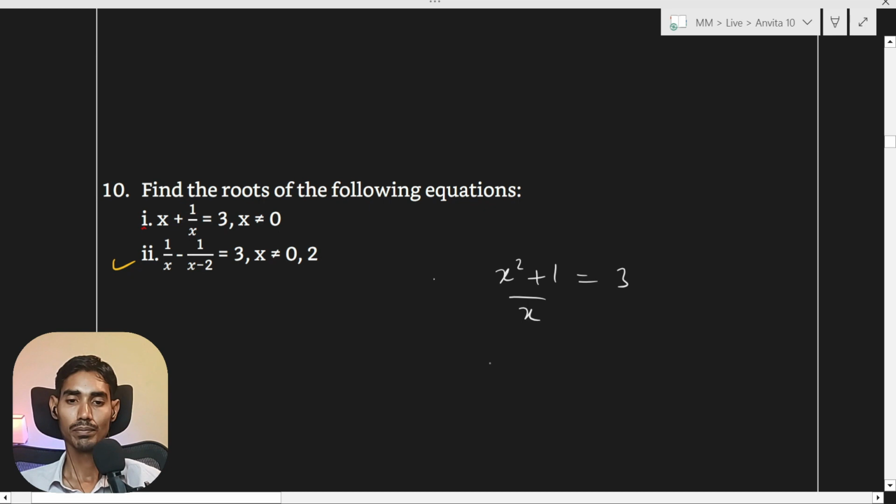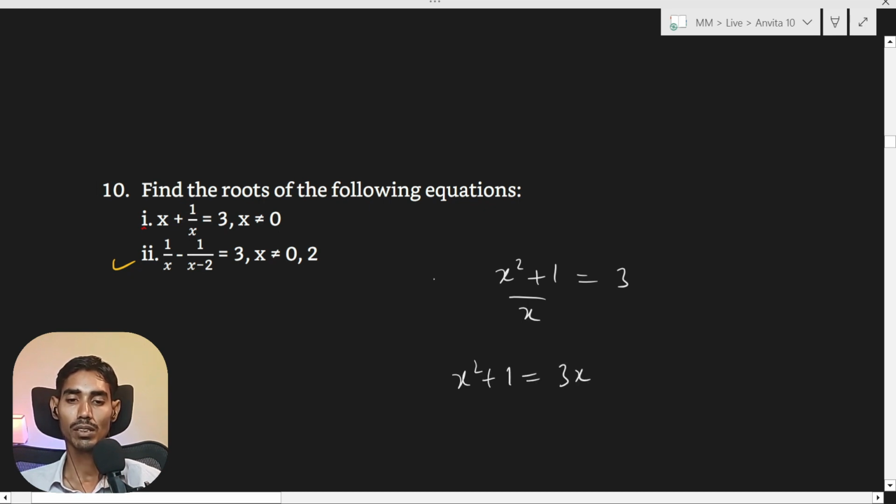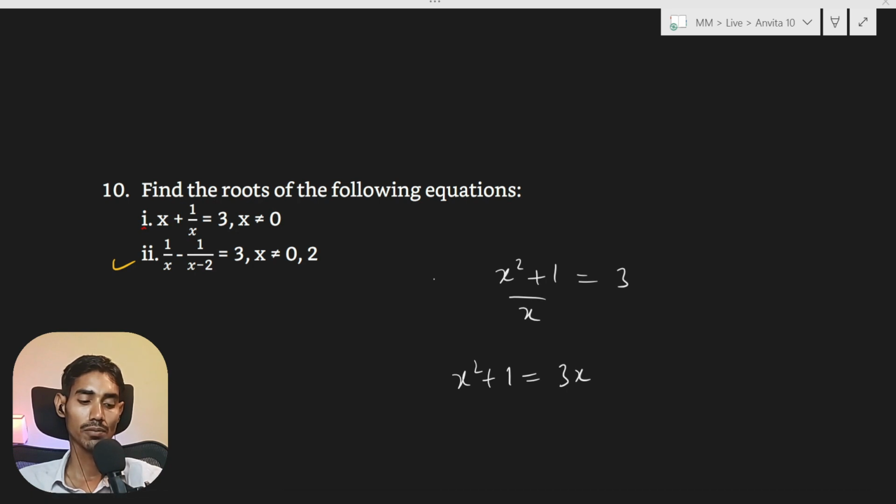Just check, see this equation once. How did you get x square plus x? Yes, sir, I made a mistake.